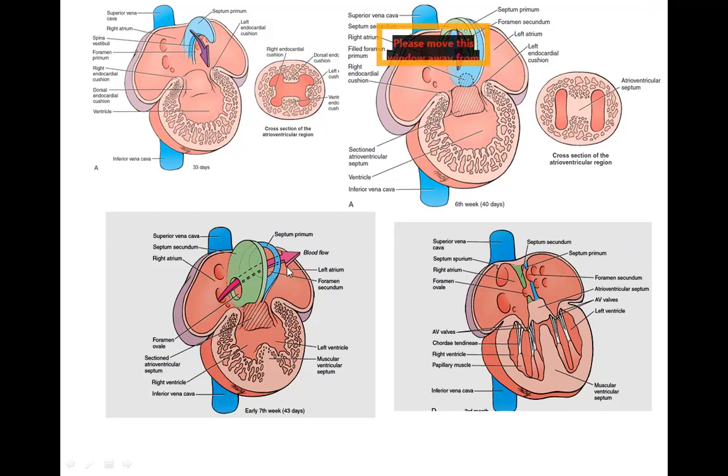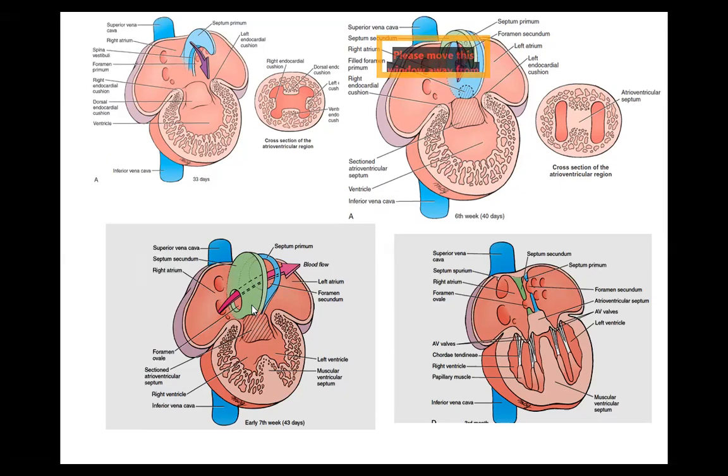giving rise to ostium secundum. Then, because of the incorporation of the right venous valve into the right atrial cavity, there is formation of another crescentic fold, which is known as septum secundum. This is growing towards the endocardial cushion, and the foramen beneath its free edge is known as foramen ovale.